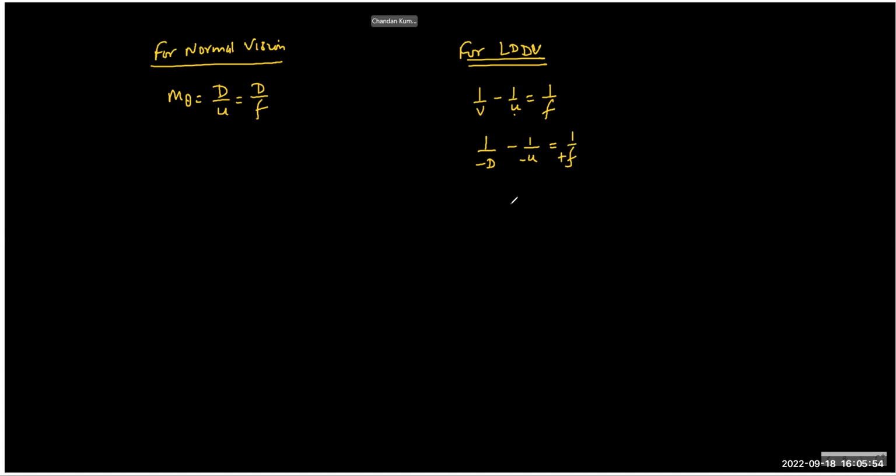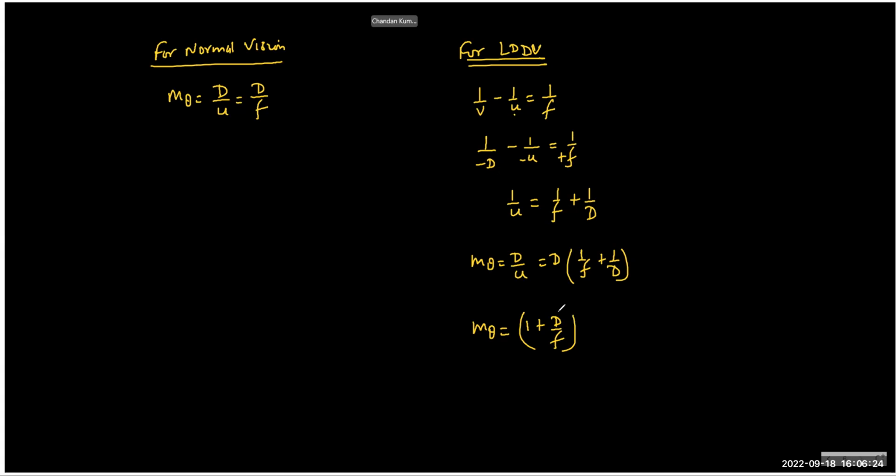So what you can see is that 1 by U turns out to be 1 by F plus 1 by D. Correct? But the angular magnification is defined as D by U. So D into 1 by U, which you can write as 1 by F plus 1 by D. And therefore you can see the angular magnification is 1 plus D by F. This is the way of writing.